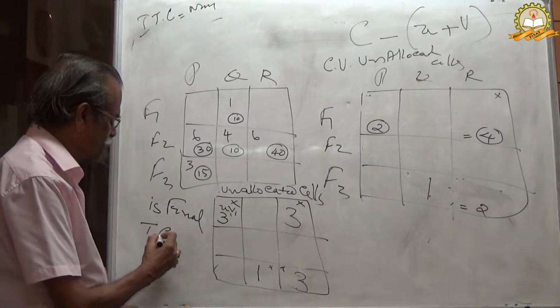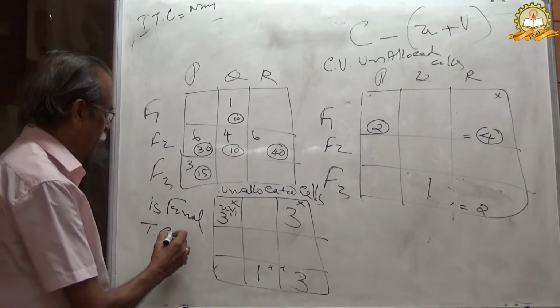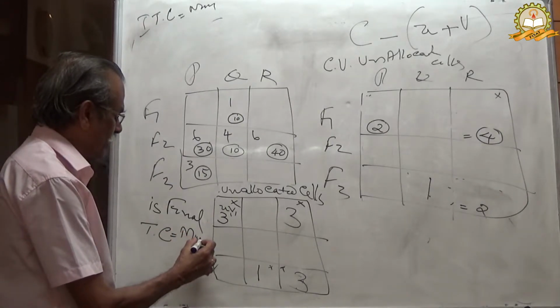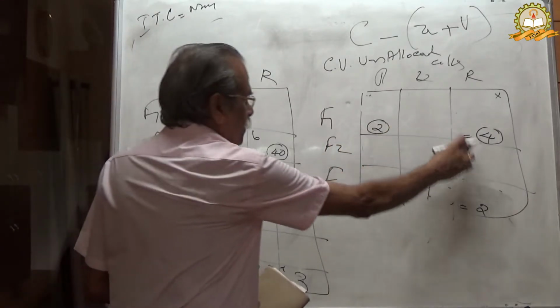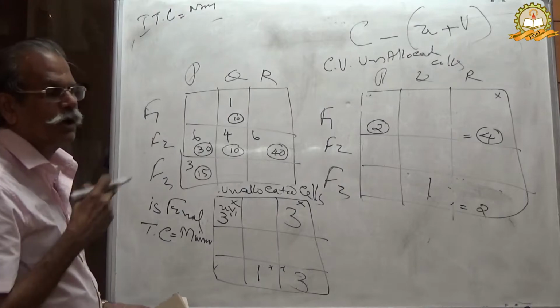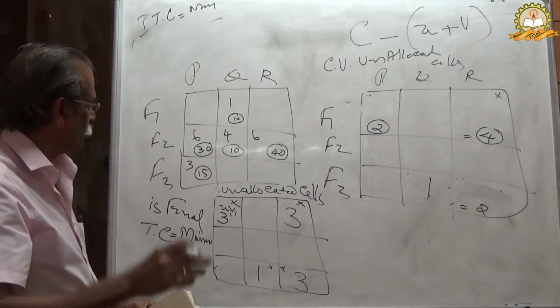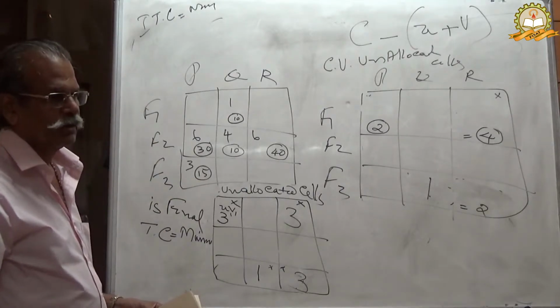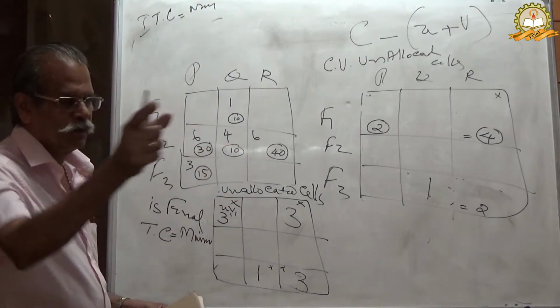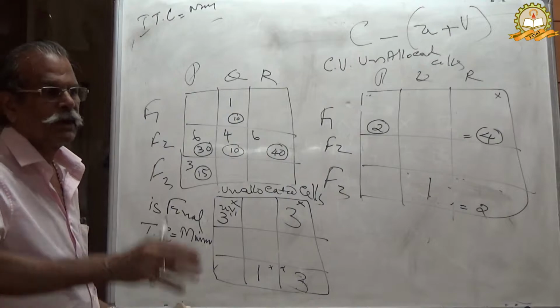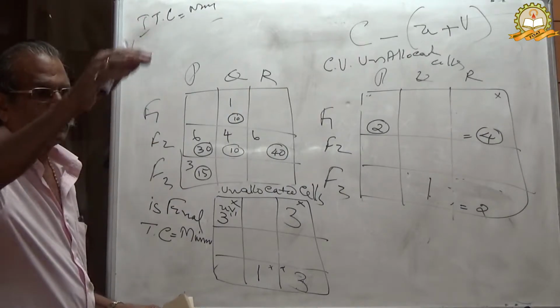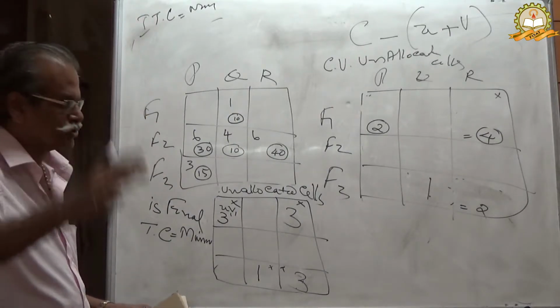This is the final minimum transportation cost. If you get all positive here, we conclude the originally obtained solution is minimum, and that is the final minimum cost.